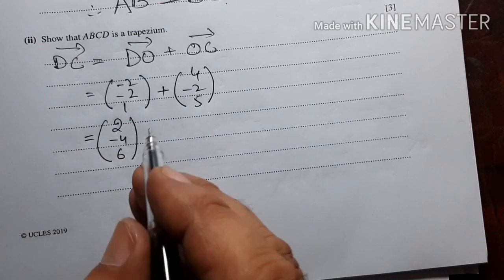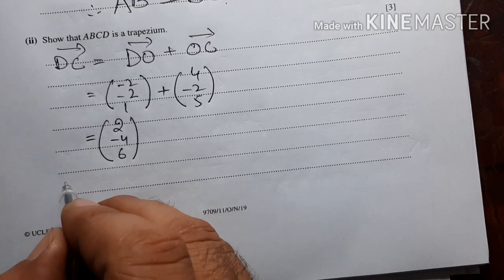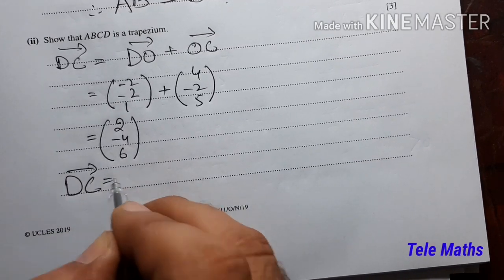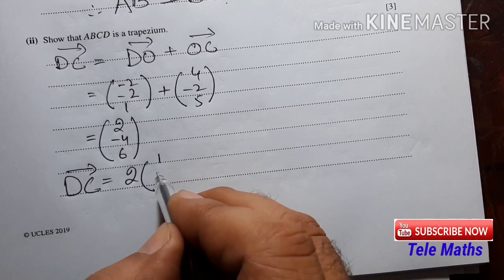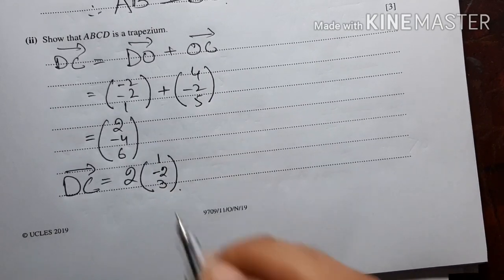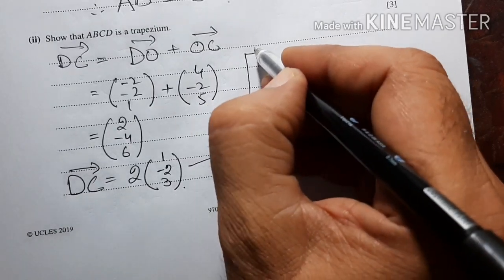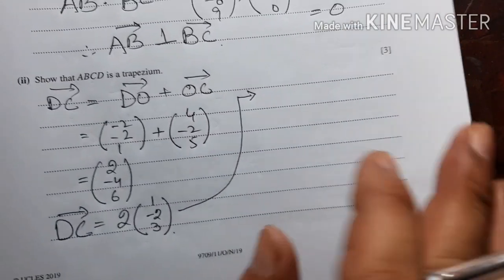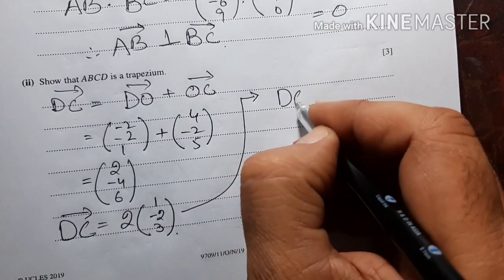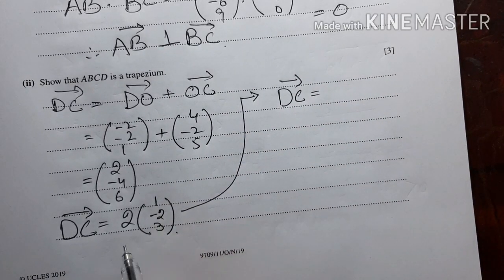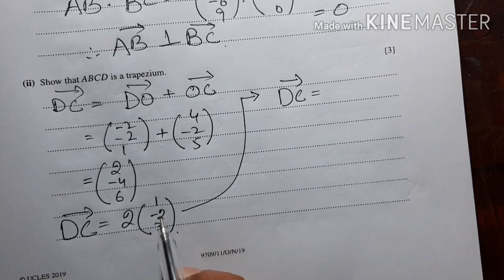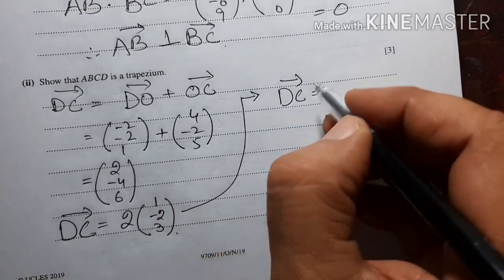So I can write DC as, take 2 common, 1, minus 2, 3. Now DC, if I multiply by 3 here, I will divide by 3 outside, so that I can divide and multiply by 3.